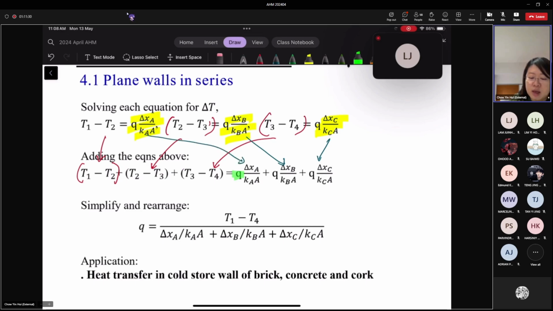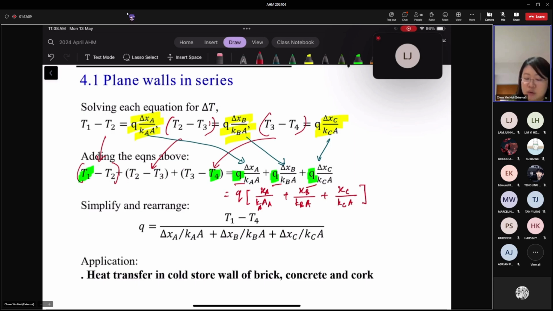Knowing that T1 minus T4 is constant at any time, so is the rate of heat transfer through each slab in series. With that you can factor out the Q value, so the equation looks like XA divided by KA multiplied by the area, then XB divided by the thermal conductivity of material B multiplied by area, plus XC divided by the thermal conductivity of material C multiplied by area.